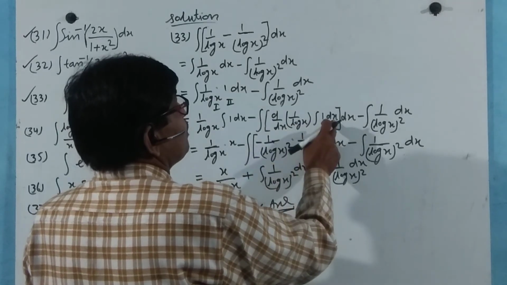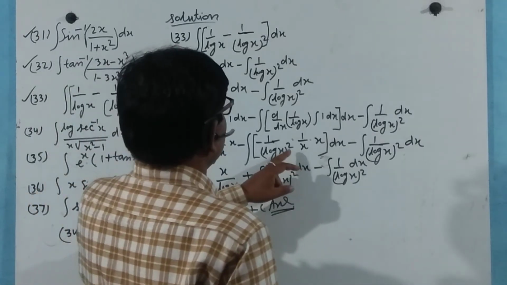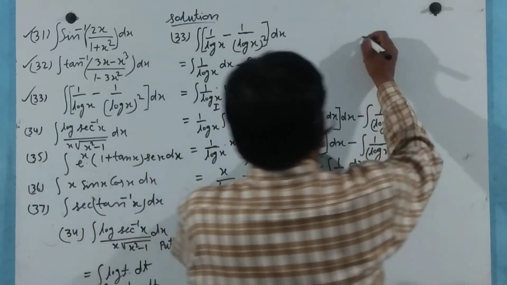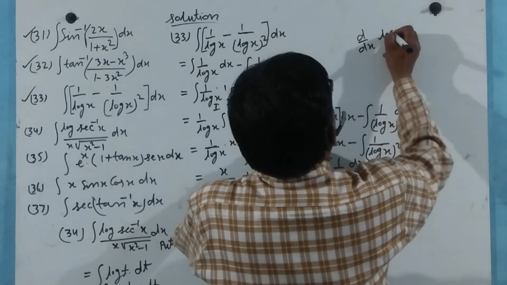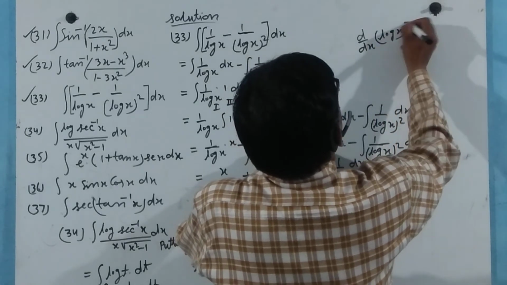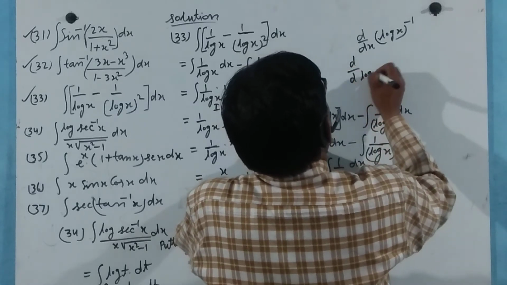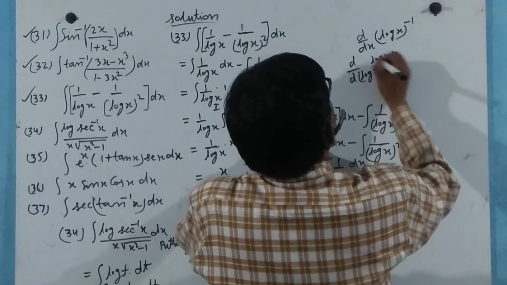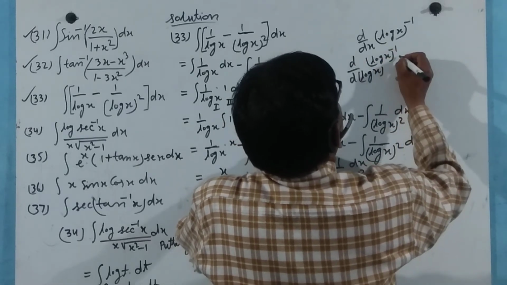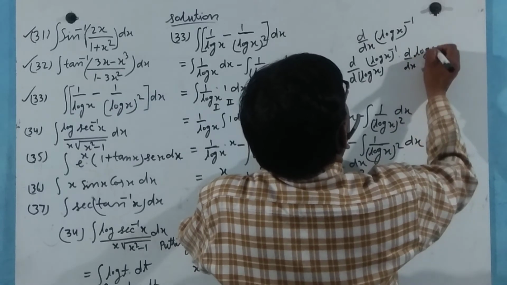This can also be written as d by dx of log x to the power minus 1, which is d by d of log x to the power minus 1 and d by dx of log x.